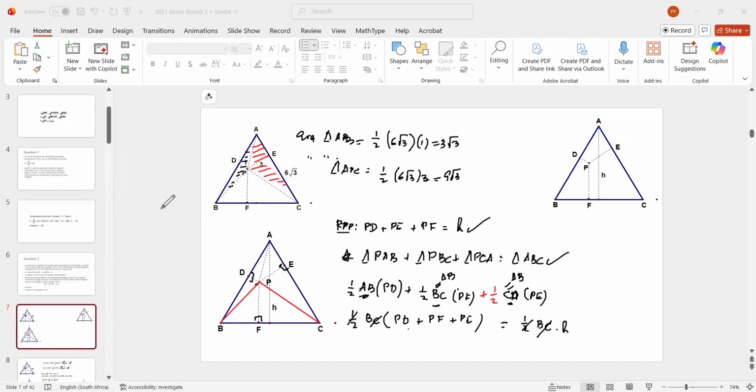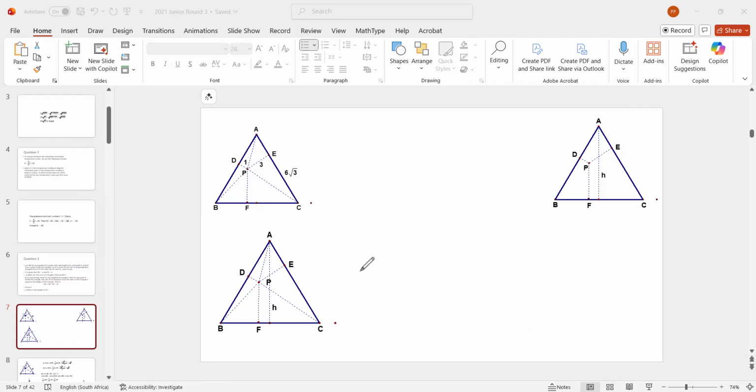You see, we've got two of these heights. We got this one. Yeah, it's there. This is 1 and this is 3. And we don't know this, let's call it X. So let PF equal to X. And the next question is, calculate PF.